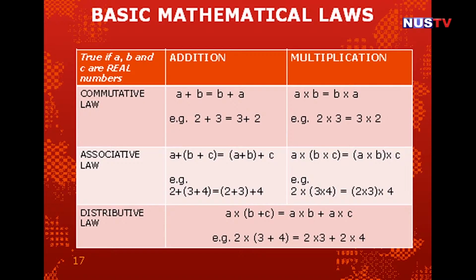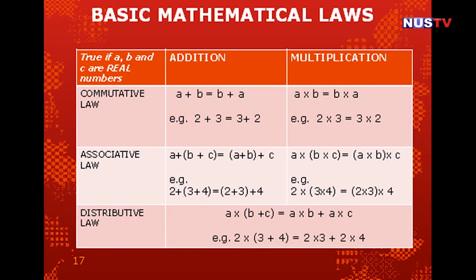Okay? The last basic mathematical law is called the distributive law. This is when you have multiplication and addition in the equation. For example, A times bracket B plus C bracket is the same as A multiplied by B plus A multiplied by C. This is the law we will later use in algebra to do expansion.